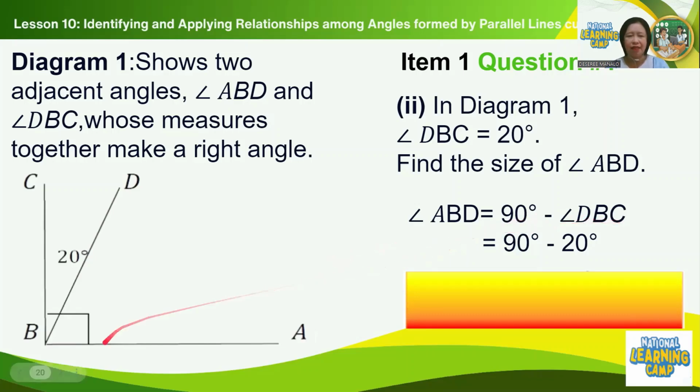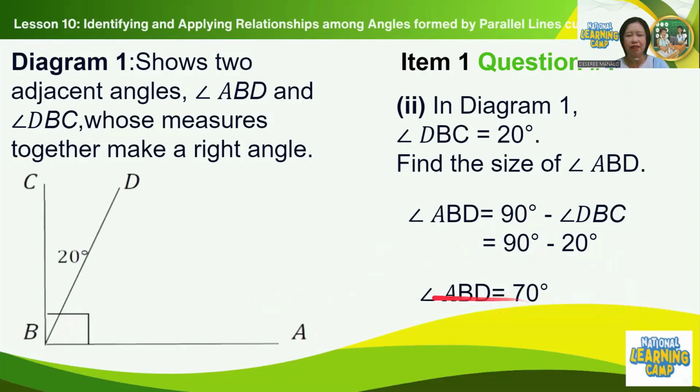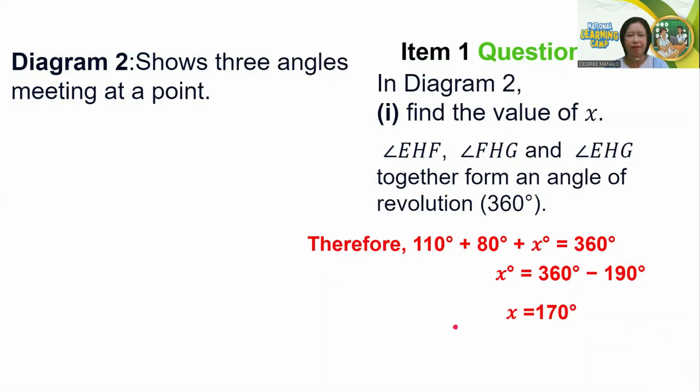Why 90? Since we know that this is a right angle, and the measure of a right angle is 90 degrees. So we subtract 90 degrees minus 20 degrees. The answer is 70 degrees. So angle DBA is equal to 70 degrees.